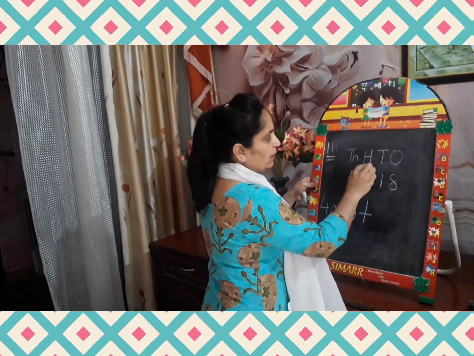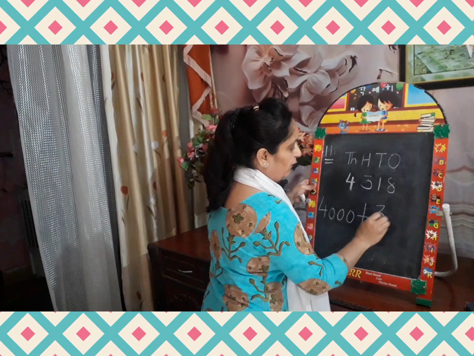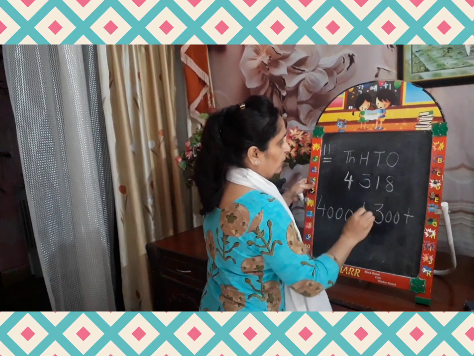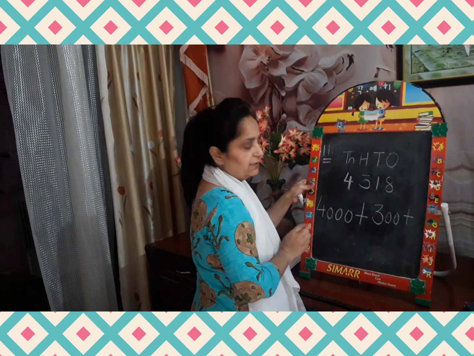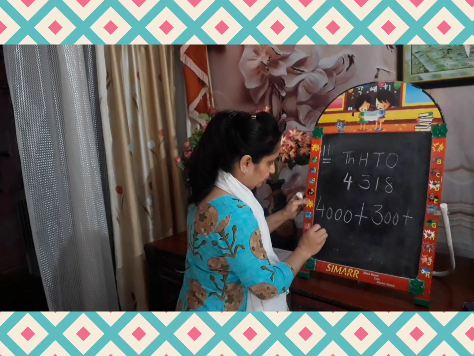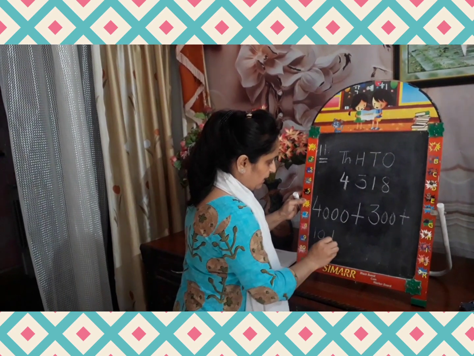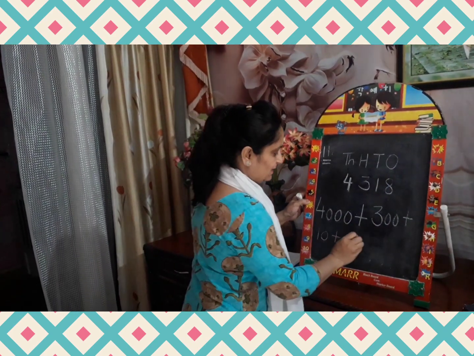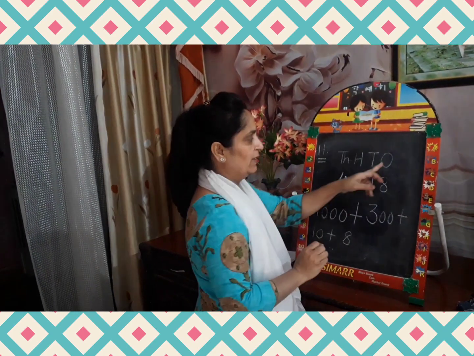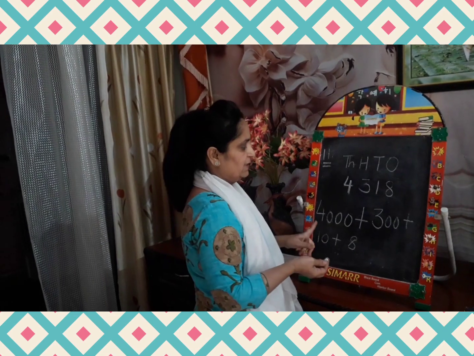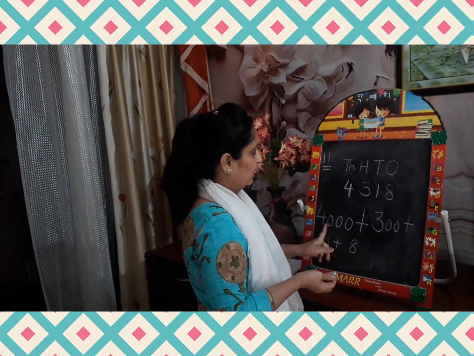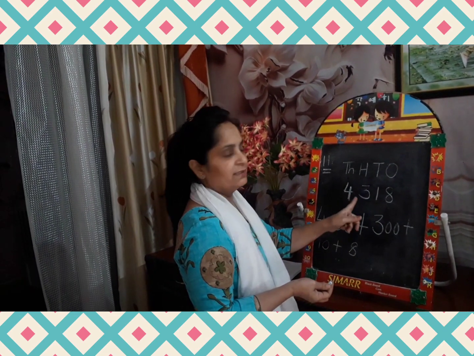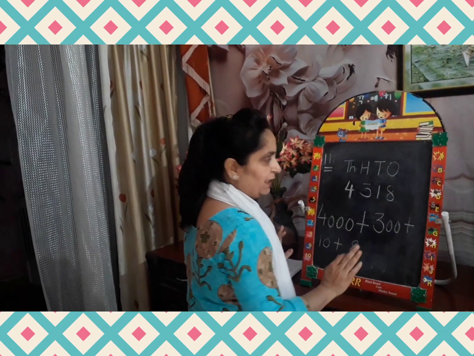And 3 multiplied by 100 is 300. 1 multiplied by 10 is 10. And 8 is at the ones place, 8 ones are 8. So this is the expanded form of this number. It is very easy.